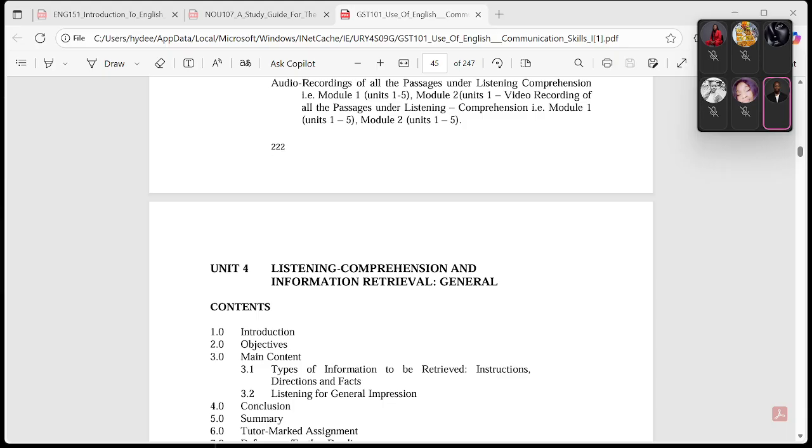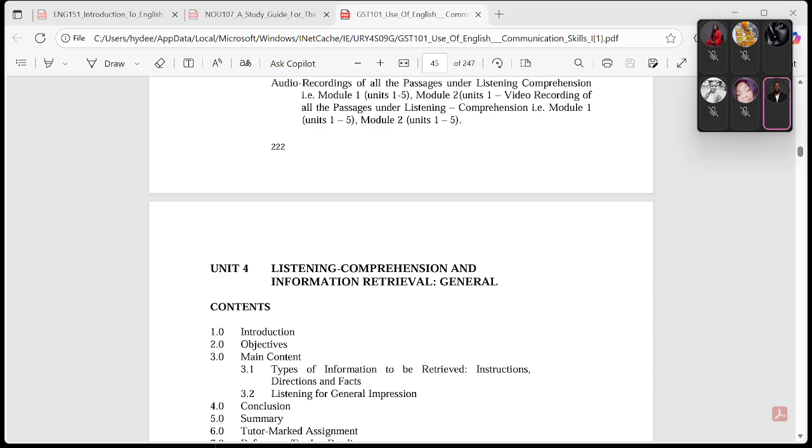All right, let me just go over these with you. The second one says one of the primary aims of academic pursuit is to receive or retrieve information. The third one says list three general types of information that can be retrieved through listening comprehension as identified in the unit. Remember the three I told you?